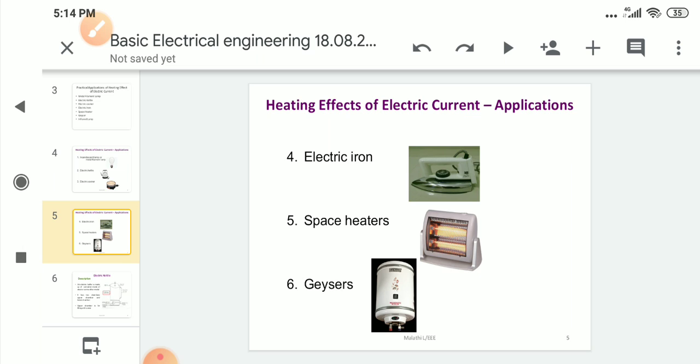In the heater, we want that heat to heat our water. Geysers and space heaters also have the same model. All are the same concept. When these appliances are connected to the electric supply, a large amount of heat is produced in the heating coil because of the high resistance of the heating coil.